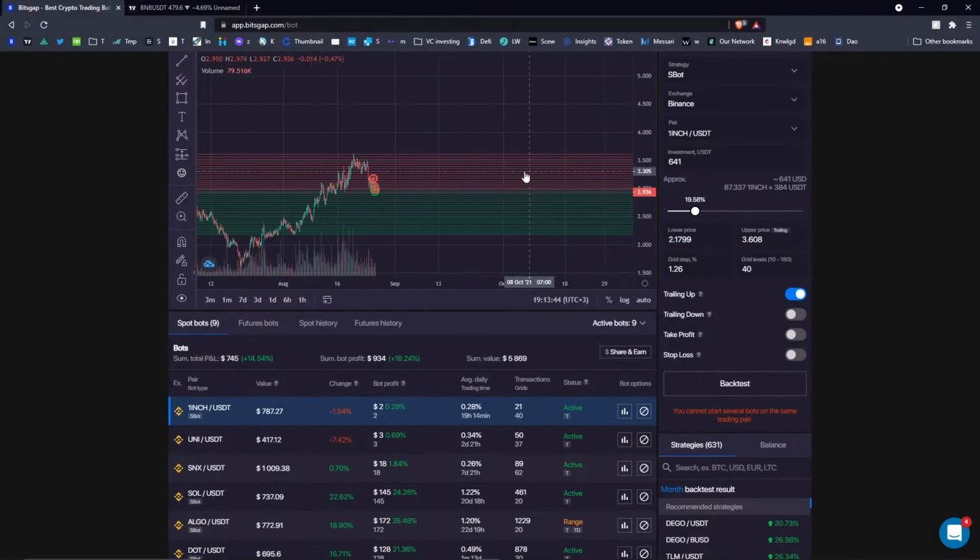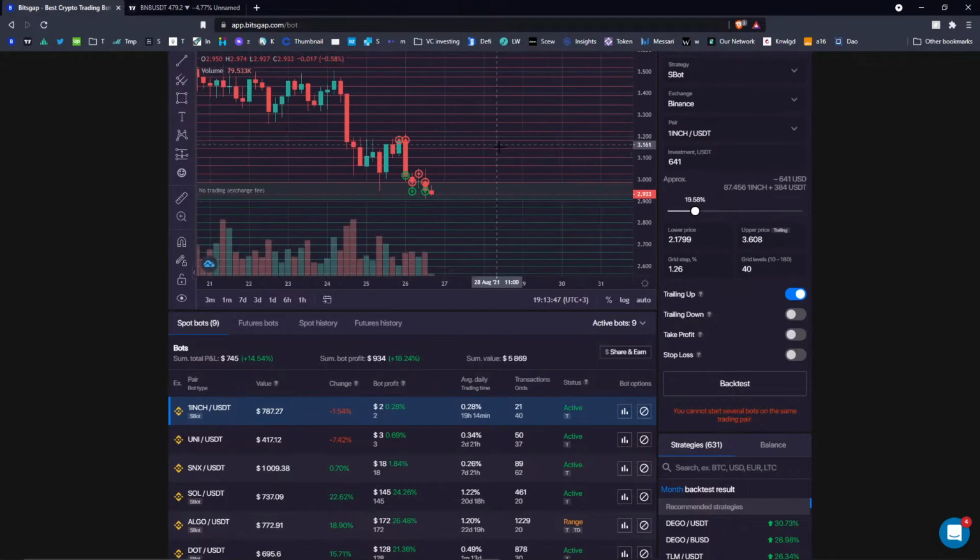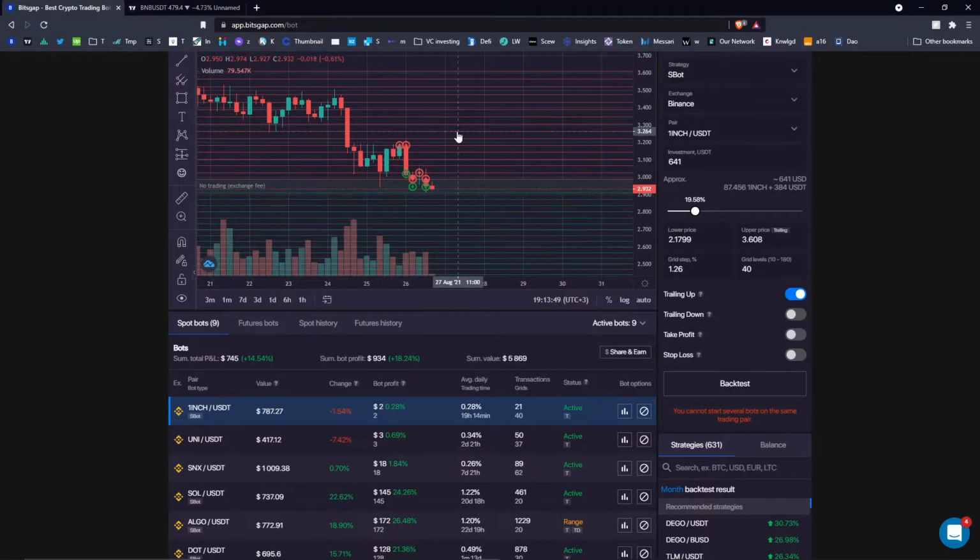So you see it's kind of falling, even though there were some minor swings higher on which the bot managed to capitalize, and that's why you can see these red circles that represent sell orders executed. But in general, the price is falling, and that's why the value is depreciating.